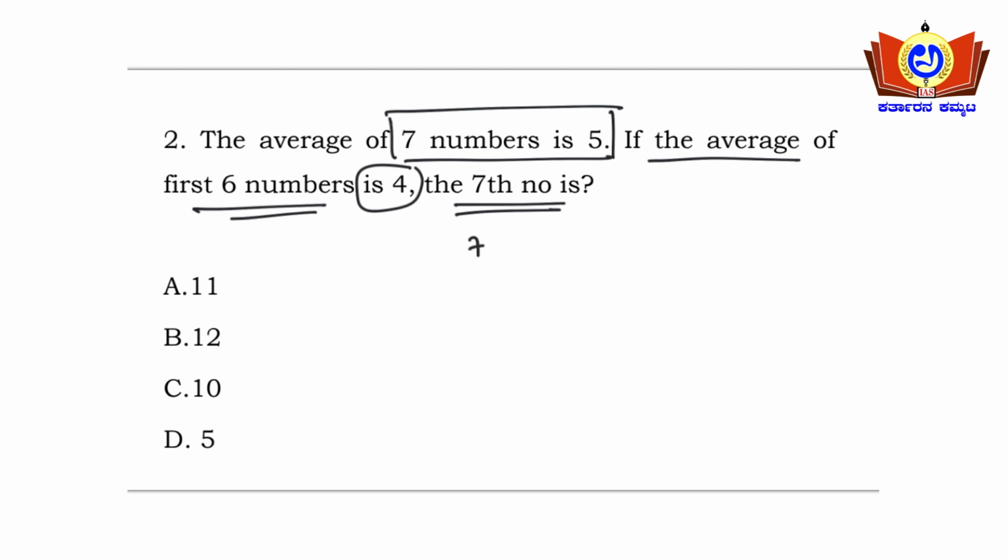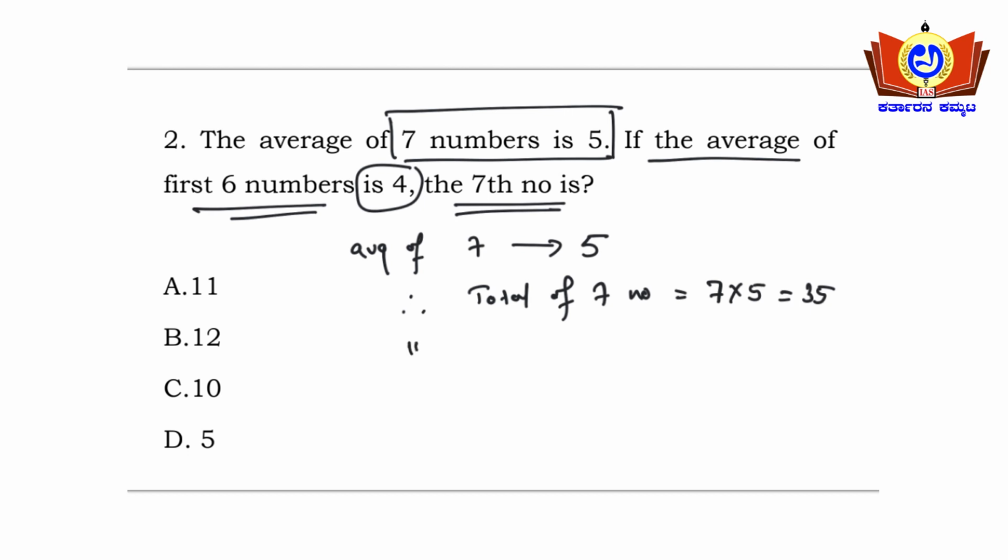The total of 7 numbers will be 7 into 5, that is 35. Similarly, the total of 6 numbers, the average being 4, will be 6 into 4, which is 24, guys.